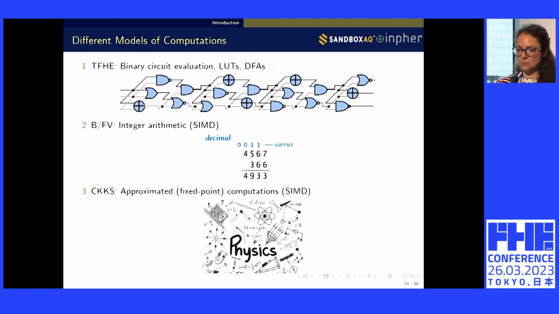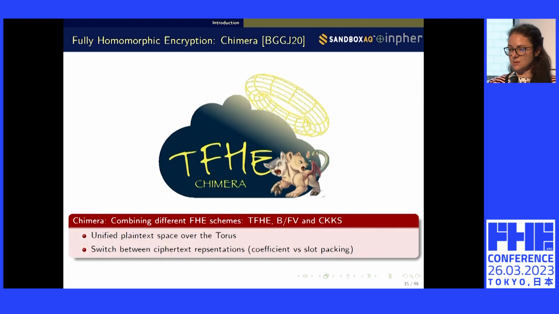Here, just to summarize the different models of computation, we obtain three different APIs. TFHE allows us the evaluation of binary circuits, lookup tables, and deterministic automata. We also obtain integer arithmetic over the slots and approximate or fixed point arithmetic again over the slots.